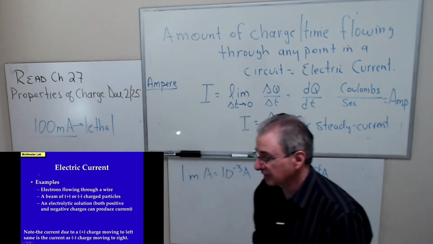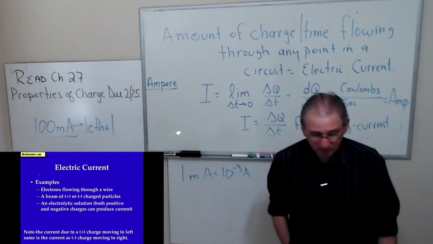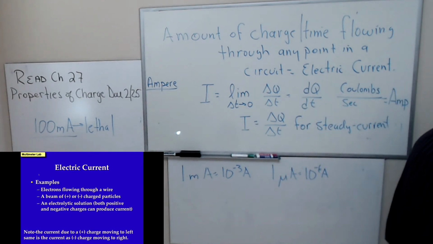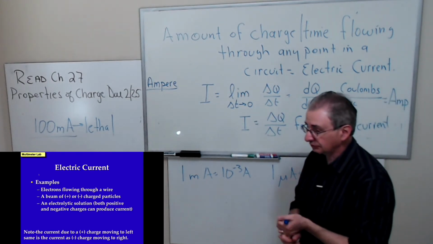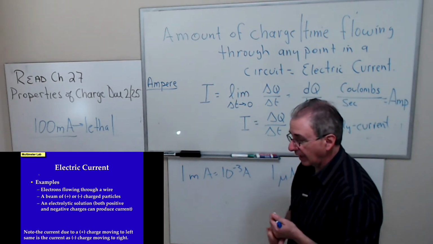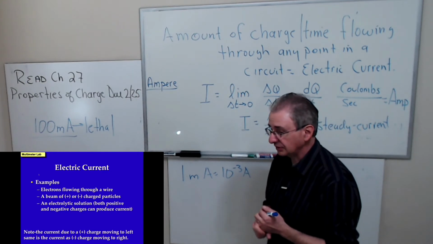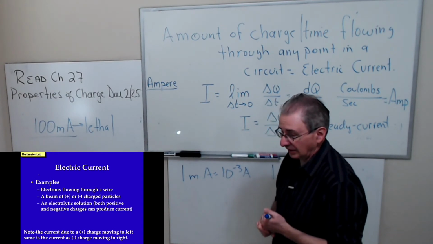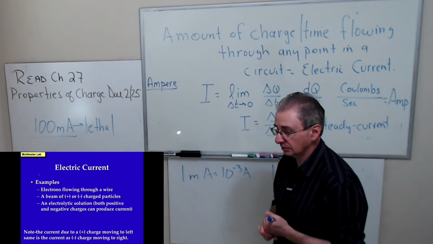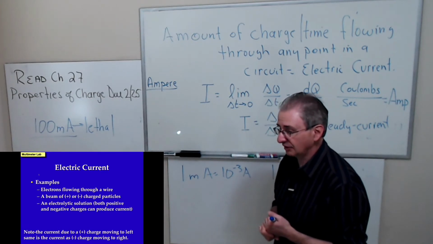So let me give you some examples of electrical current. These are actual examples of electrical current. You can have electrons flowing through a wire. You can have a beam of positively or negatively charged particles from an accelerator. Or, for those of you who do chemistry, you can have an electrolytic solution consisting of both positive and negative charges.